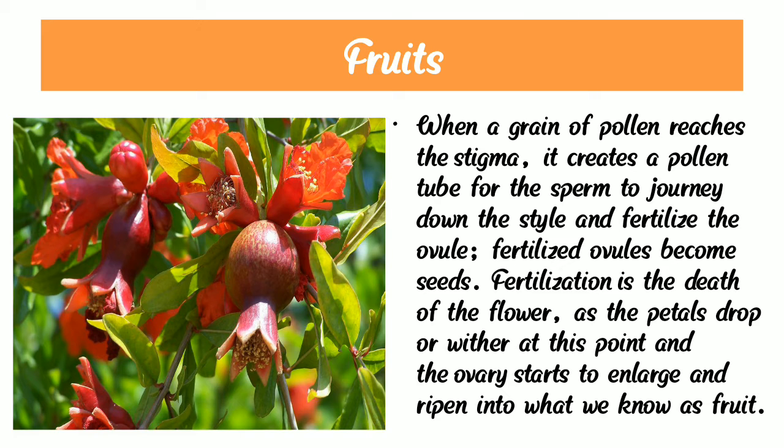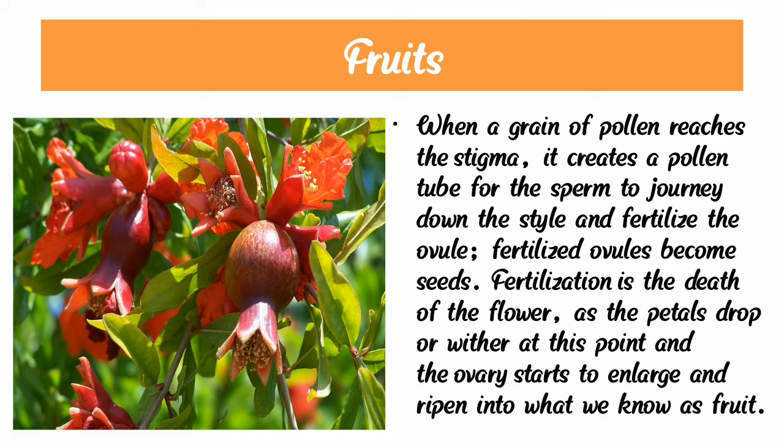When a grain of pollen reaches the stigma and creates a pollen tube for the sperm to journey down the style and fertilize the ovule, the fertilized ovules become seeds, and fertilization is the death of the flower.